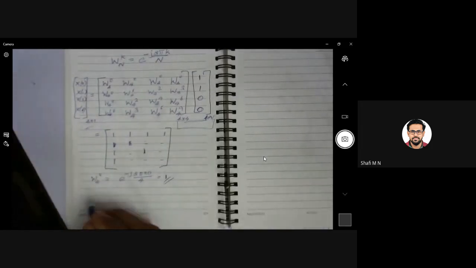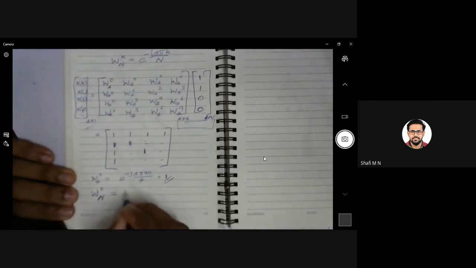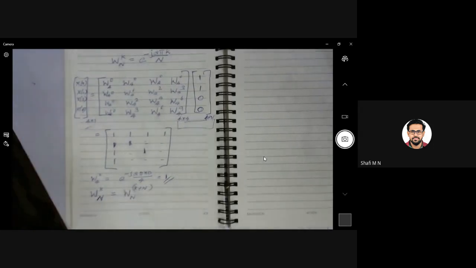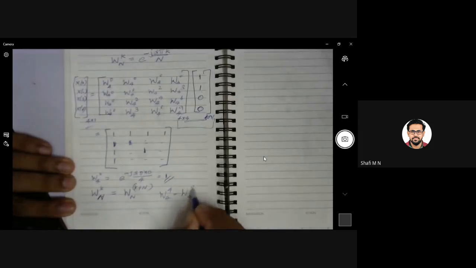We have a property like this: W_N^K is equal to W_N^(K+N). After capital N values, it will repeat. So W_4^0 will be equal to W_4^4, then equal to W_4^8, W_4^12.